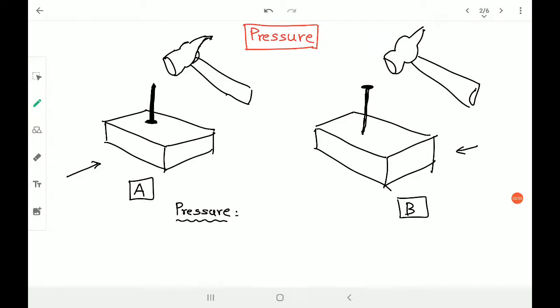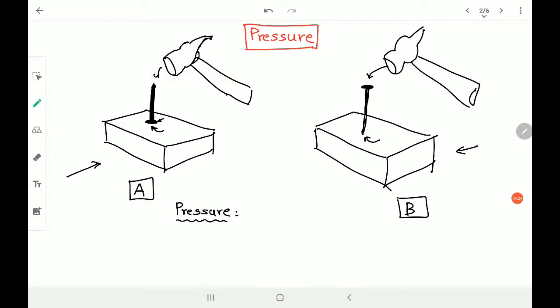The simple reason is, here I have the head towards the wooden block and here I have the pointed end towards the wooden block. As it is pointed, the force impact will be more. Impact, I'm not saying force magnitude is more. Force is the same, but the effect will be more. And as it is not pointed, not that sharp, the impact will be less.